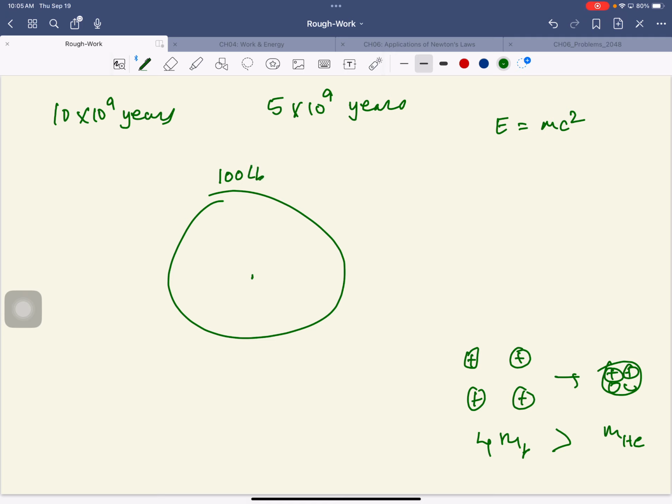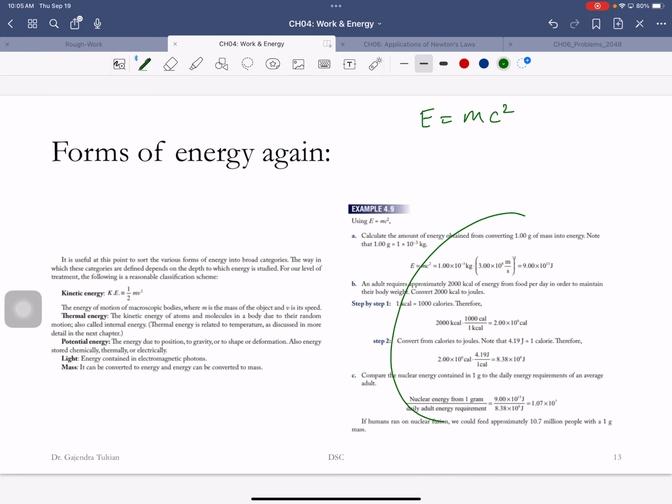If the sun started off as 100 pounds, it will end up about 98 pounds. So over 10 billion years, it'll lose about 2% of its mass. So that's how hard it is to convert mass into energy. This problem is just an illustration.